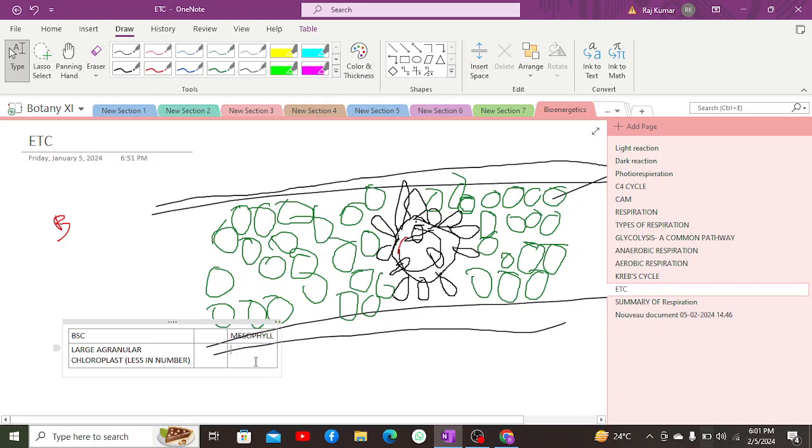Likewise, in the mesophyll cells, there are small granule chloroplasts. These are not agranular; they do not have grana. Small granule chloroplasts, which are more in number.